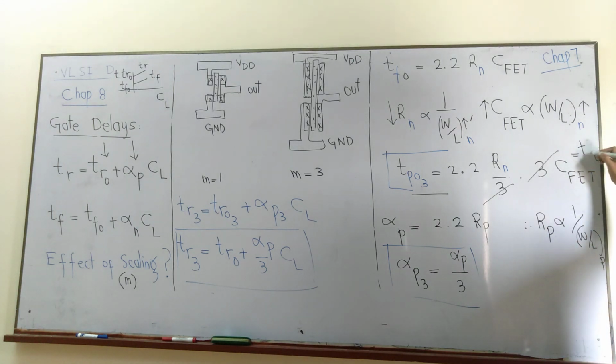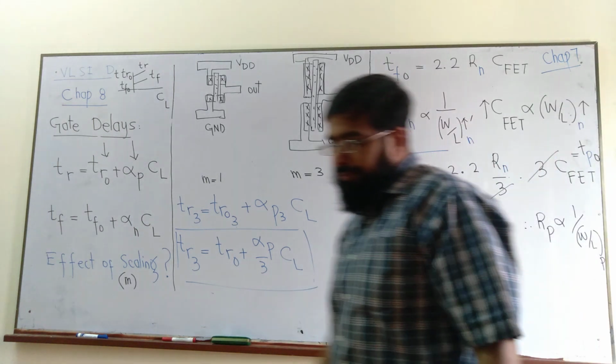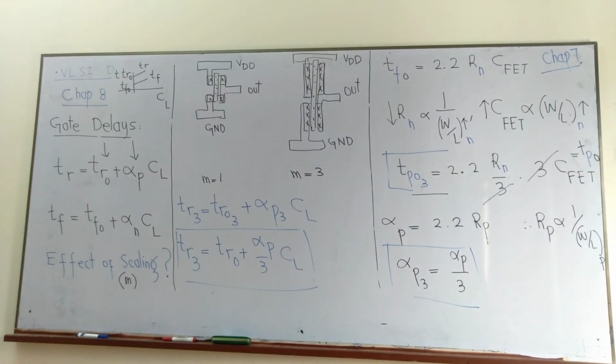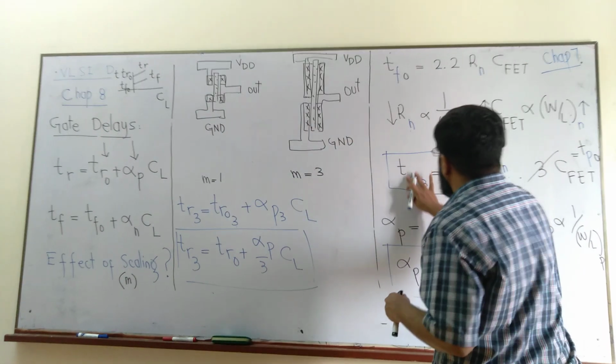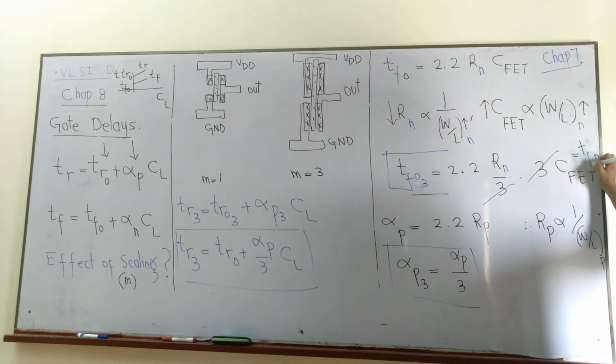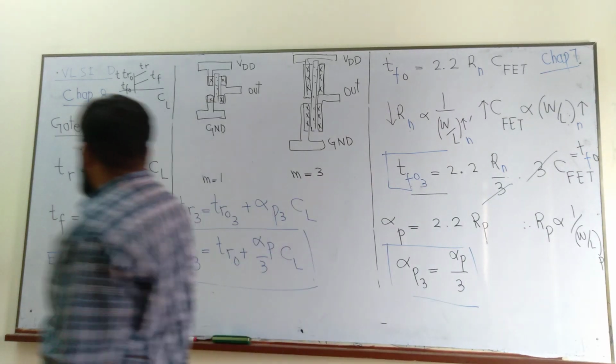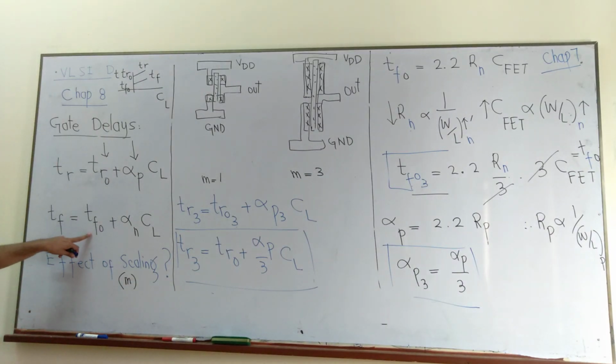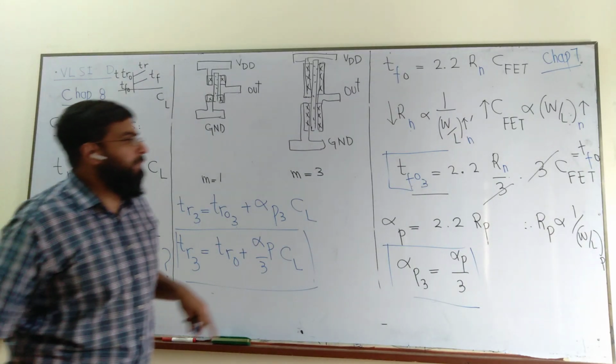So this is the same as TF0. TF03 is the same as TF0, the same as we had in the case of a standard NOT gate with m equal to 1.